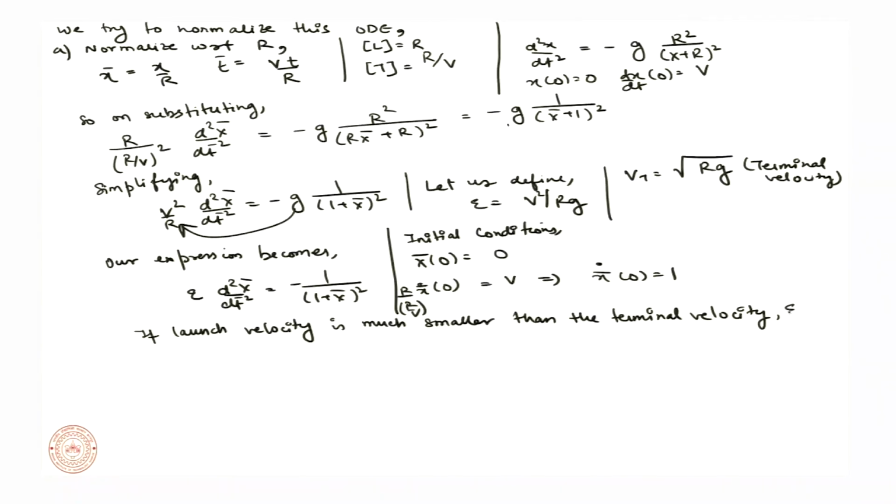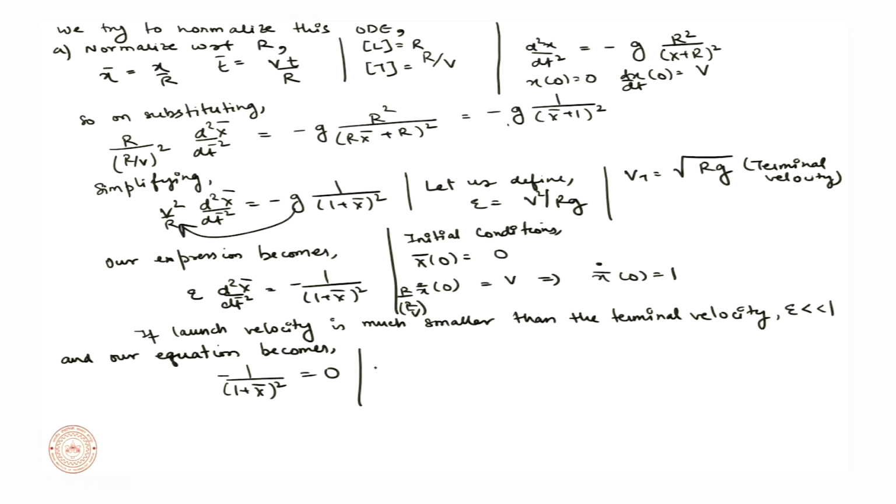In that case, epsilon is less than 1, and our differential part will be gone because epsilon tends to 0, and our equation becomes 1 over 1 plus x bar whole square equals 0.